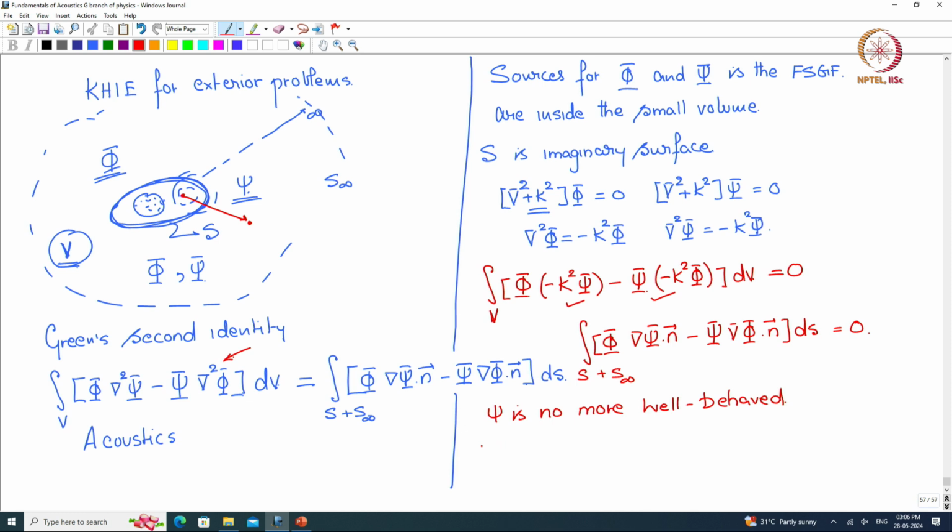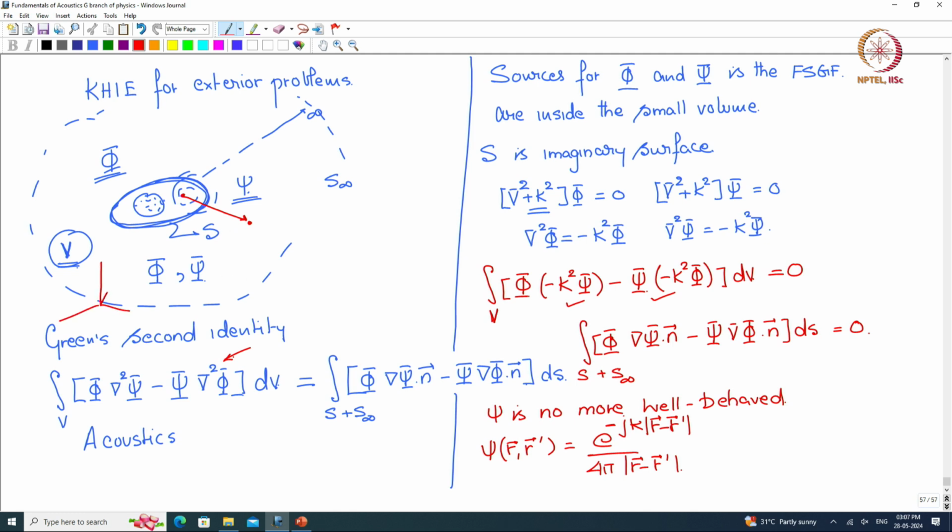Because psi has this form, psi of r comma r dash is e to the power of minus j k mod r minus r dash by 4 pi mod r minus r dash. Okay, and now because r dash happens to be, let's say there is this coordinate system.